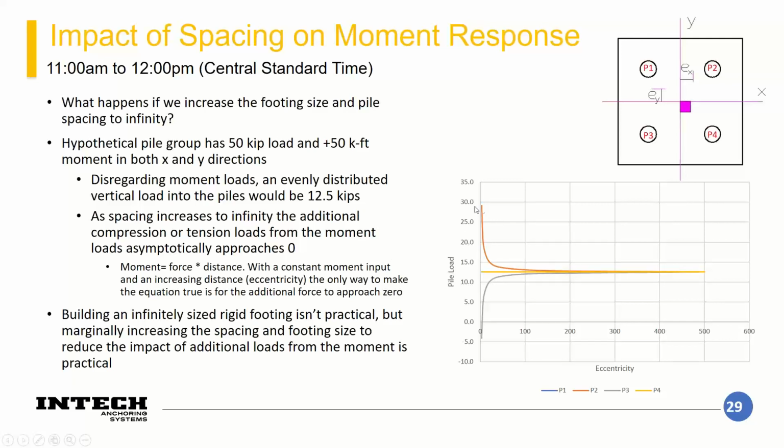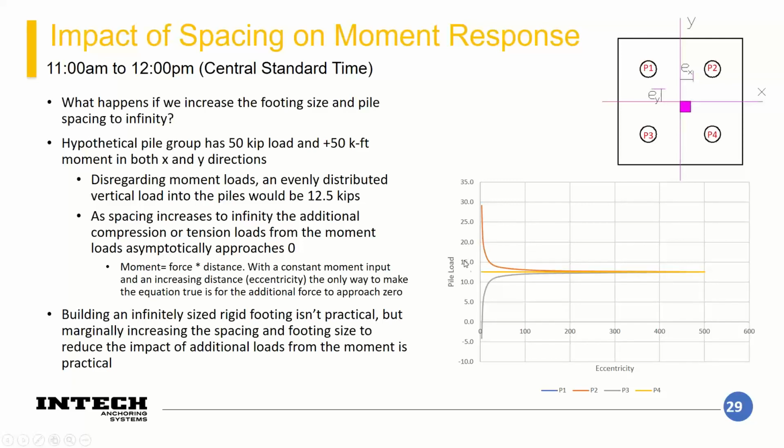So, at the smallest spacing I've considered, the load in the pile goes from our 12.5 kips from our vertical load to, when you add in the moment, all the way up almost to 30 kips. So almost double what the load is. So if we increase that spacing, we could get that down to 25 or 20.